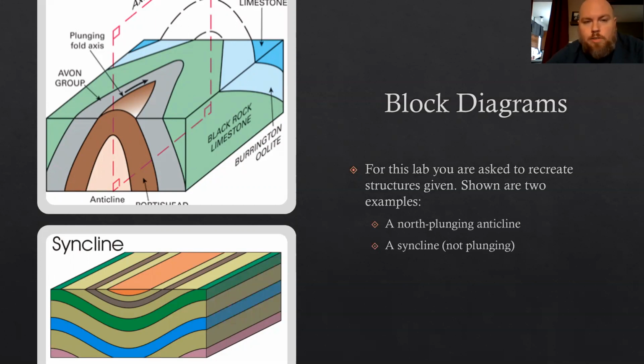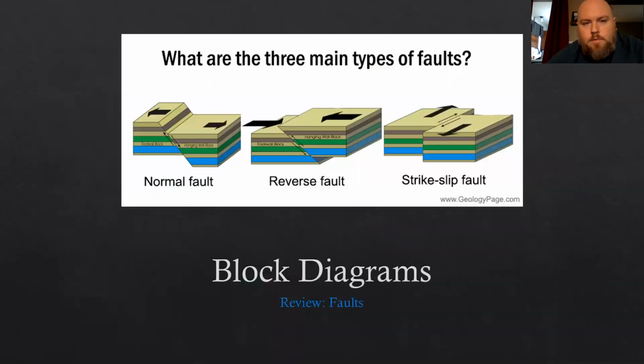So just a little review for you guys on fault types. Okay, so in your block diagram, some of them may be asking you to put some faults in them, okay? And you should show them in a similar way to this figure, okay? So you can see in this figure that they have drawn these beds that are ostensibly equivalent, right?